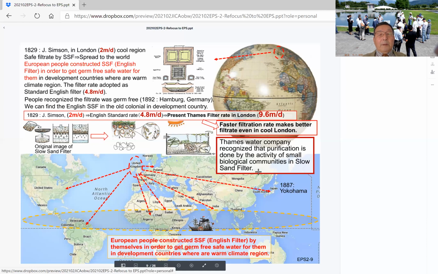Thames Water Company recognized that purification is done by the activity of a small biological community in the slow sand filter. But the European people constructed slow sand filters as English filters by themselves in order to get germ-free, safe water for them in developing countries in warm climate regions.